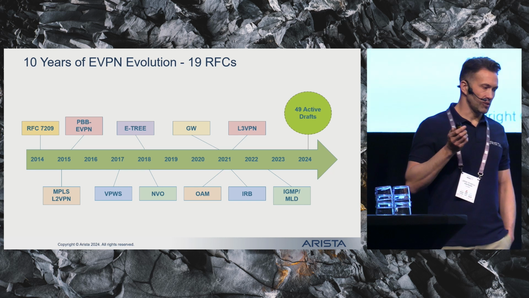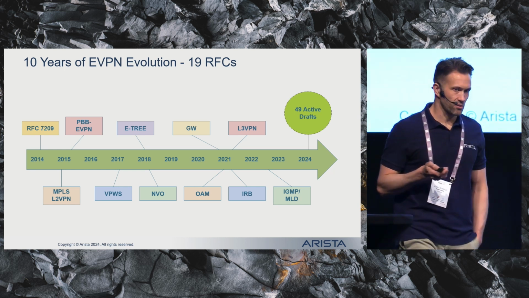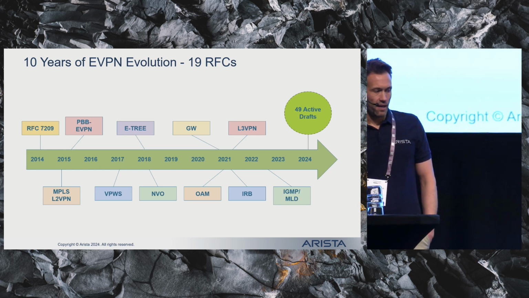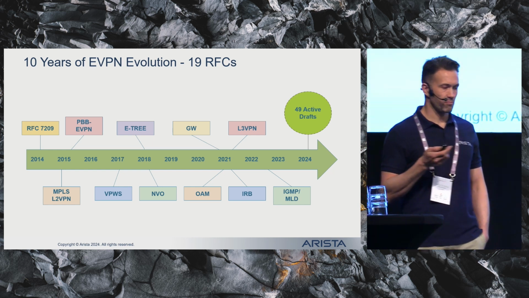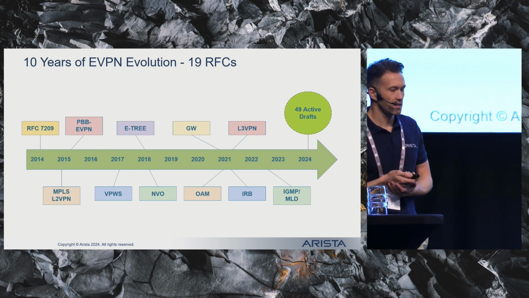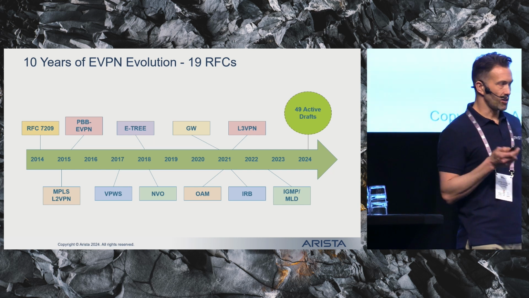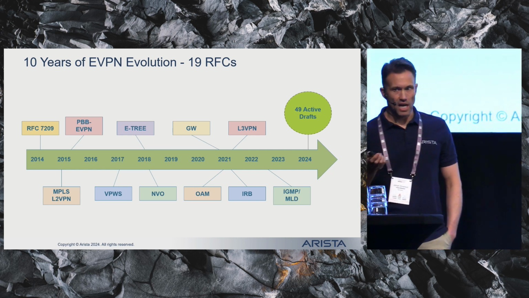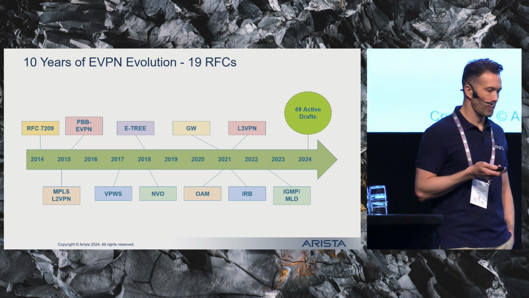The target was to address the challenges with the different VPN solutions out there. Over the last 10 years, a total of 19 RFCs have been published that have to do with EVPN. Not all of them are shown on the timeline here. And there are close to 50 active drafts in this area, so there's still very much active development.